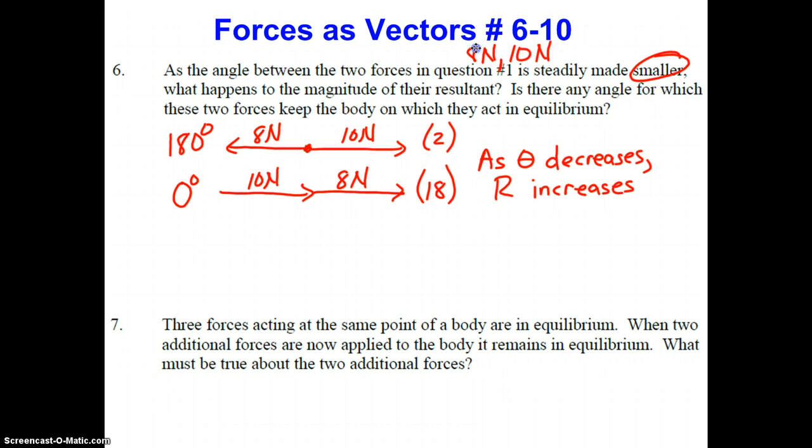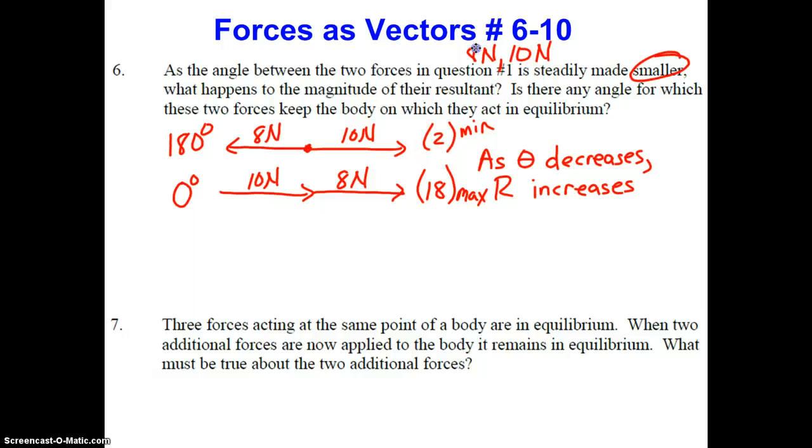And that's because you are getting closer. At 180, a minimum is produced. At 0 degrees, a maximum is produced. So as you decrease the angle, you get closer to that maximum value, and the magnitude of the resultant increases.